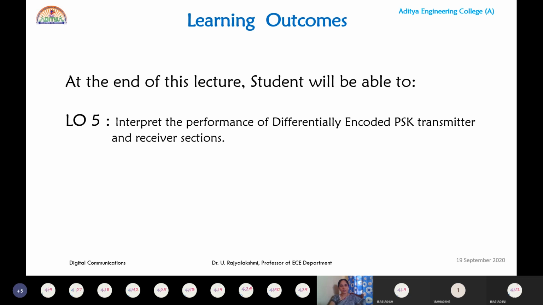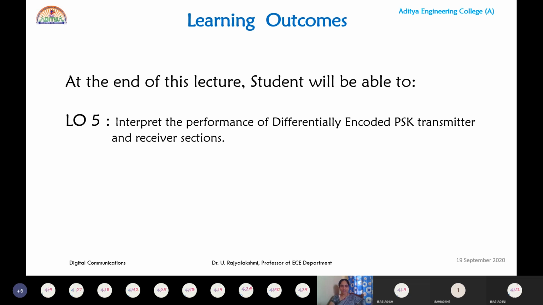Now, if you observe the learning outcomes, you will be able to interpret the performance of differentially encoded PSK transmitter and receiver sections. After completion of this topic, you will be able to analyze the performance of DEPSK. Generally, the full form of DEPSK is differentially encoded PSK.